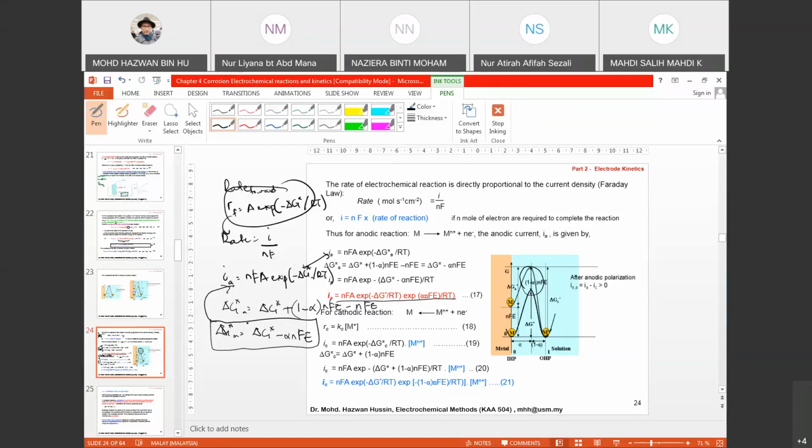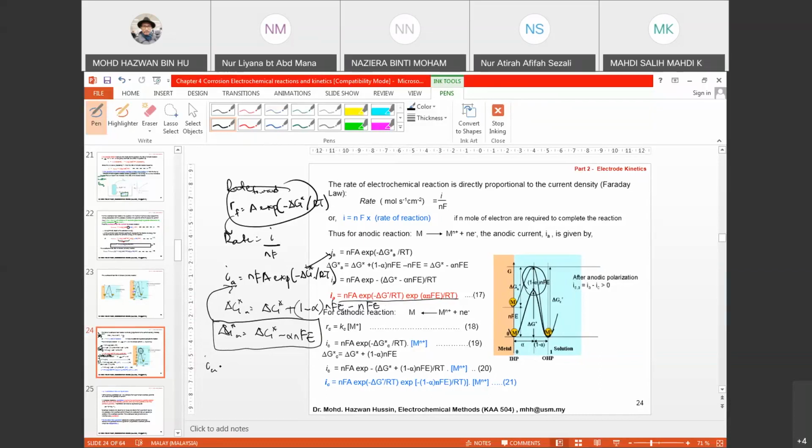You can try this later on, substituting nFA exponent minus delta G.